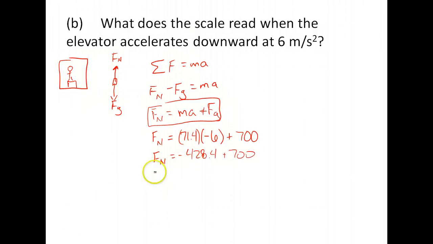And 71.4 times -6 is -428.4 plus 700, and that gives us 271.6 newtons. So that's what that scale is going to be reading. It's going to be reading less. It seems like the person is weighing less as it accelerates downward. And you feel that as you go downward in an elevator.